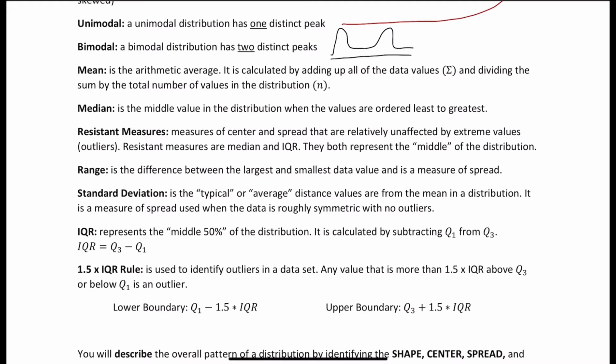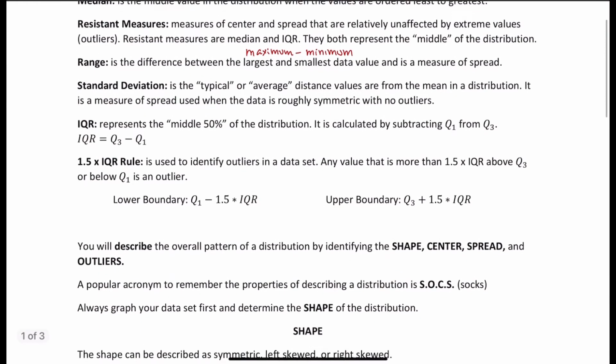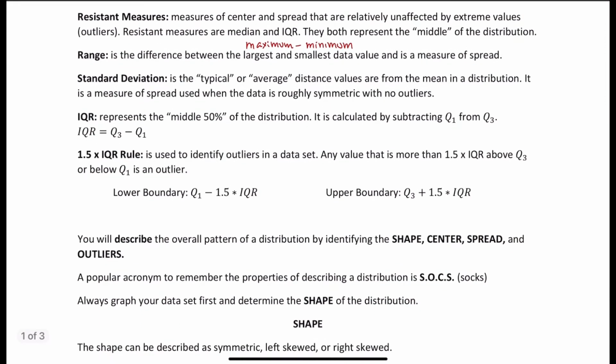So when it says that it's the difference between the largest and the smallest data value, really you can just do your maximum number minus your minimum number, and it's going to give you the range of data. And that is what we're going to be using for our measure of spread today. The other things, standard deviation, IQR, and the 1.5 rule, those are things we're going to talk about next week, not something we're really going to worry about today.